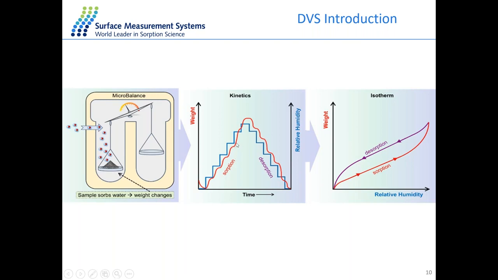And if we have the equilibrium mass at each stage, we can plot it against the relative humidity, and it will give this isotherm plot with both sorption and desorption. And the gap between sorption and desorption is called the hysteresis gap, also giving some information about the solid behavior.